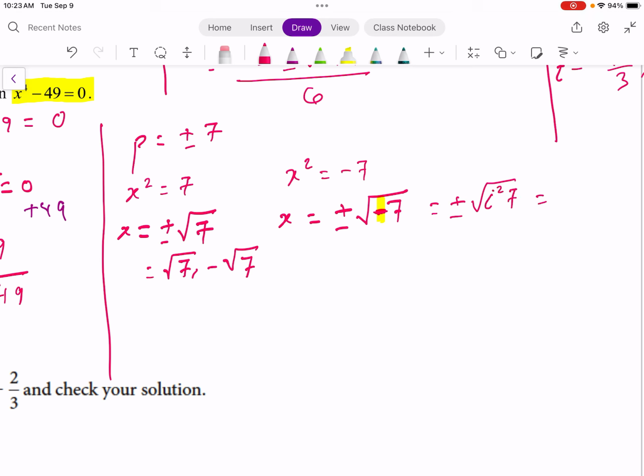We know the square root of i squared is i, so the next solution is positive i times root 7, negative i times root 7. This way our equation has four solutions. Out of these four solutions, we have two complex solutions and two real number solutions.